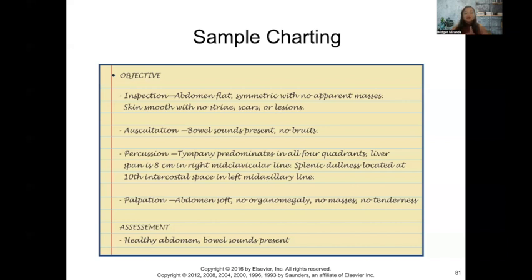Now, if you need to differentiate because you did find something, you might say, upon light palpation, was able to appreciate a 4 centimeter mass over the right lower quadrant, or you can say in deep palpation, noticed the liver margin is slightly enlarged, and this is where you would put that information. So if you need to, because it is what you appreciated in lab, make a slight variation that's abnormal to this, you may have to do that.